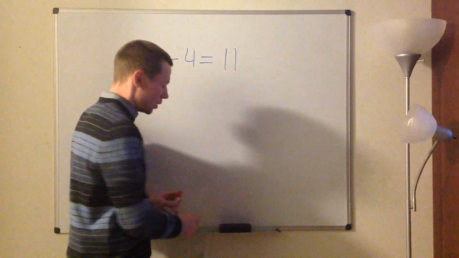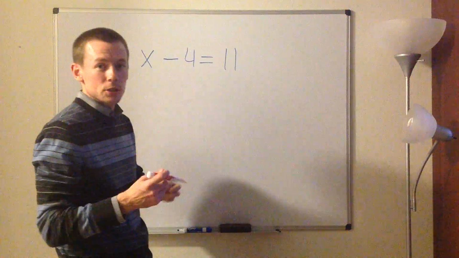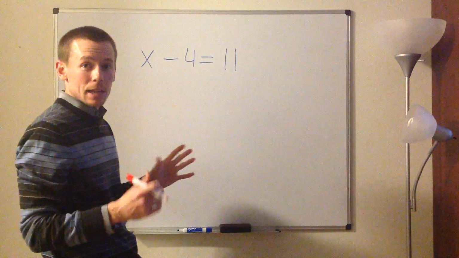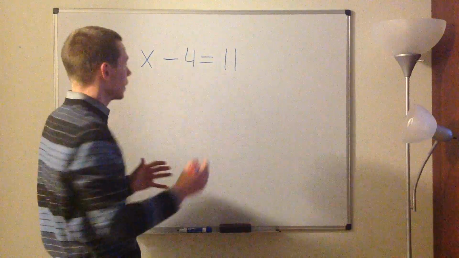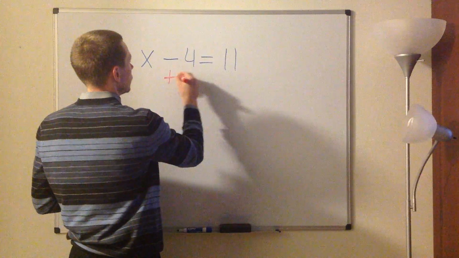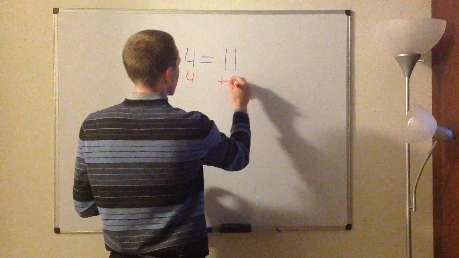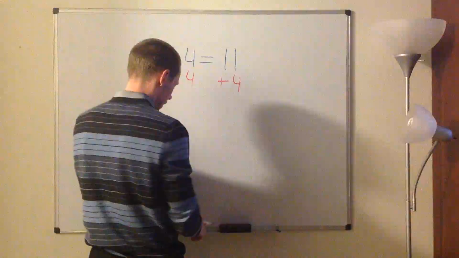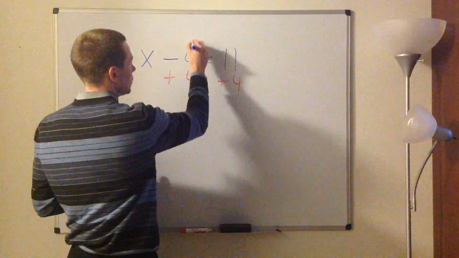Well, what you would need to do is, as we just saw, as long as you add the same thing to both sides, you're going to remain balanced. So one thing I could do is add 4 to both sides, and now a negative 4 and a positive 4 make 0.